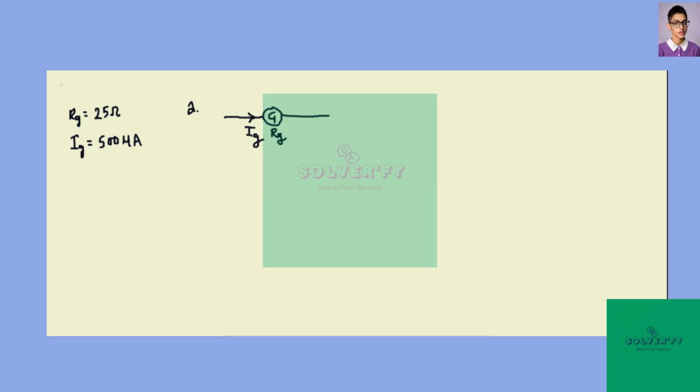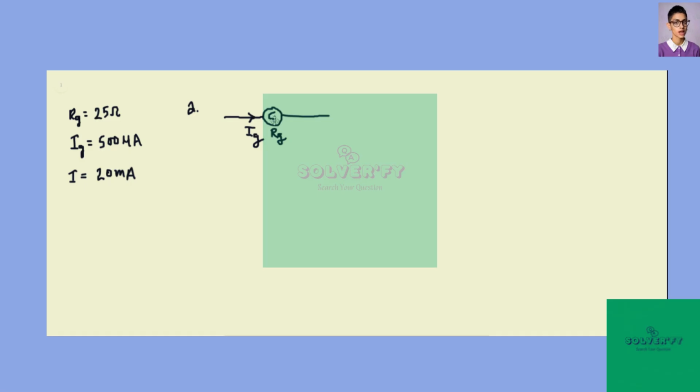Now this should measure a bigger current, and the bigger current that we need to measure is 20 milliamperes, right? Now what we should do, we cannot send 20 milliamperes through this. The galvanometer will not read that.